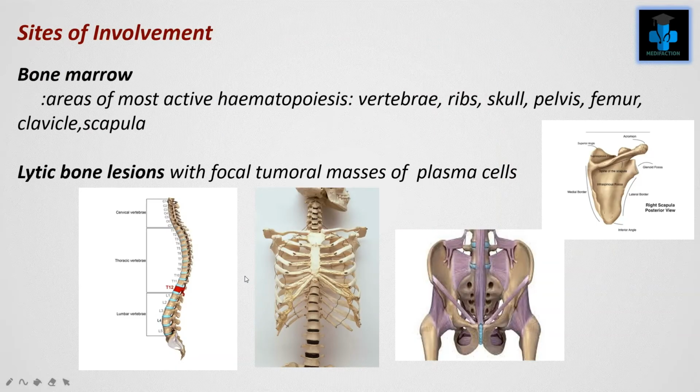Sites of involvement: bone marrow, which are the areas of most active hematopoiesis such as vertebrae, ribs, skull, pelvis, femur, clavicle, and also scapula. Lytic bone lesions with focal tumoral masses of plasma cells.